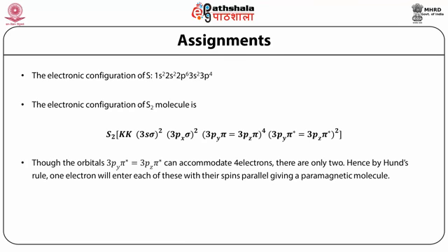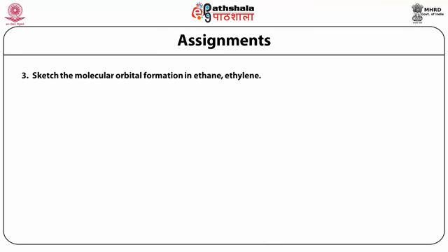Now the orbitals 3py π* = 3pz π* can accommodate 4 electrons. There are only 2. Hence, by Hund's rule, one electron will enter each of these with their spins parallel, giving a paramagnetic molecule.